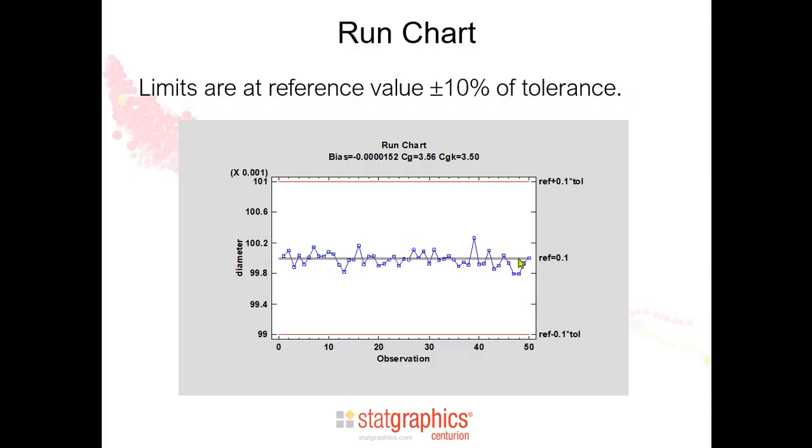You'll also notice a green line very close to the reference value. That's the sample mean, the mean of the 50 observations. Since we specified a value for P of 20%, you'll also see upper and lower limits at plus and minus 10% of the tolerance.